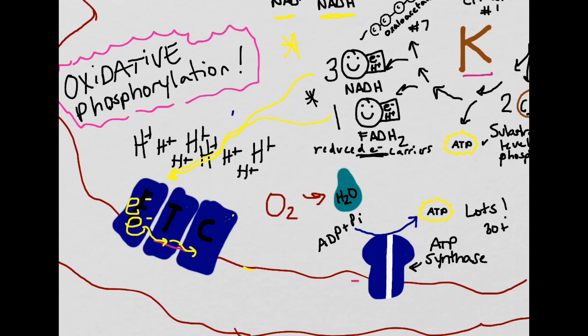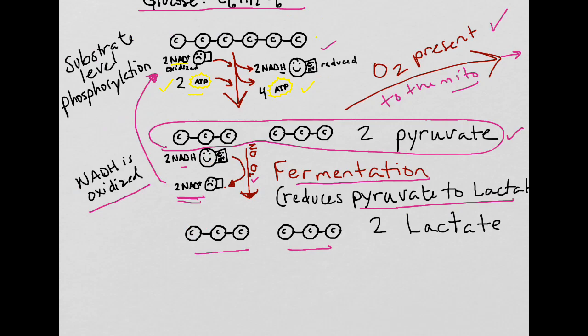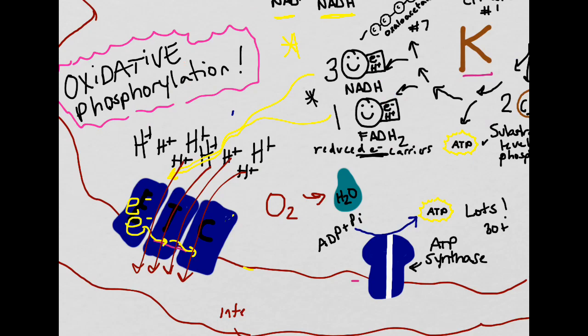Their job is to take all these hydrogens, also from the backpacks, right, and start pumping them. So they're a hydrogen pump. Okay? Where are they pumping them to? This space here is called the intermembrane space.